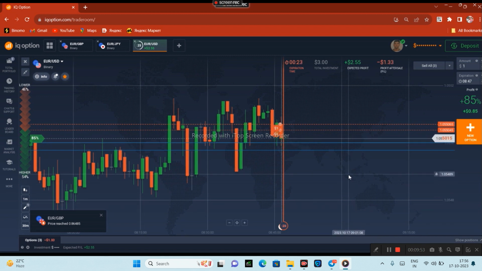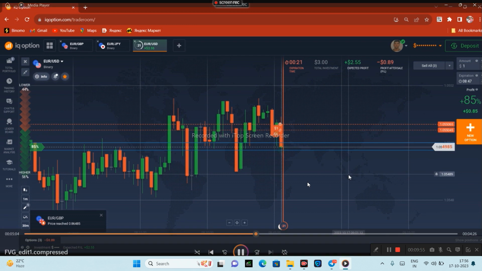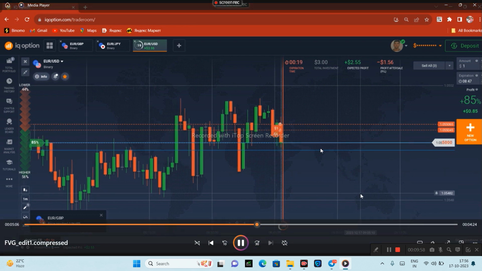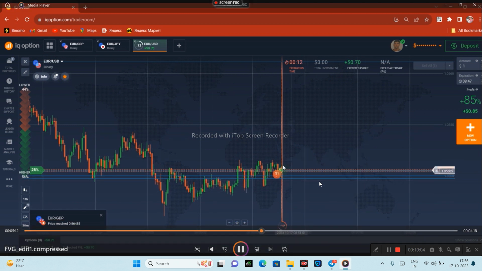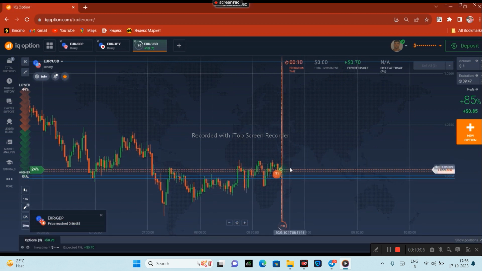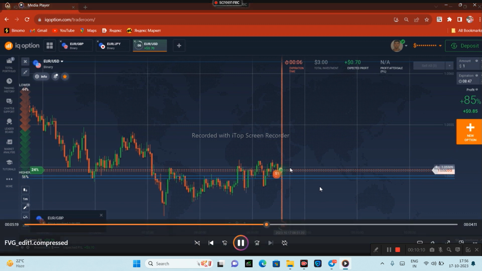These lines are not the lines of fair value gap. I will explain why I have taken this trade here.